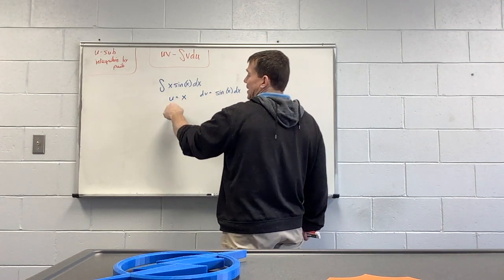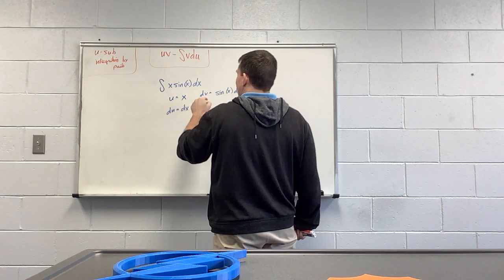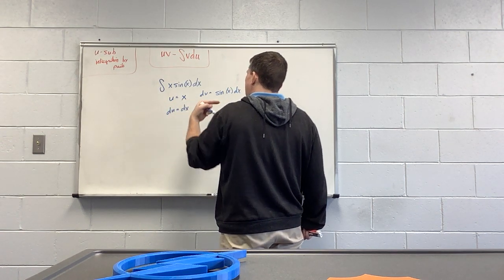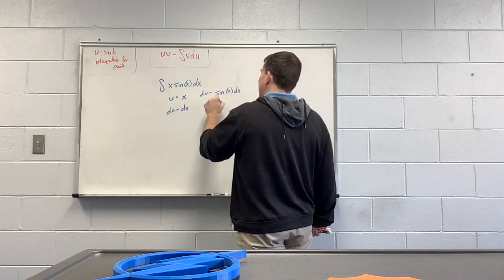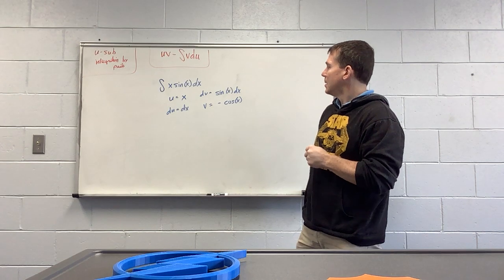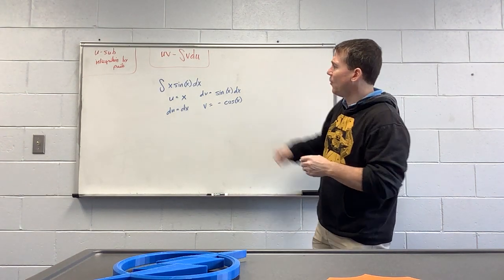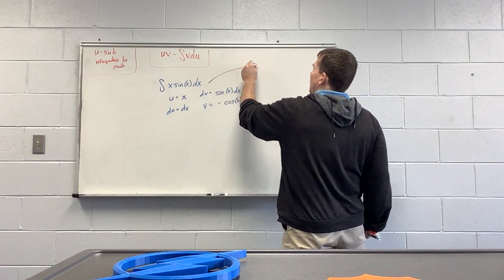Now I differentiate and integrate. Derivative of u, du, is dx, antiderivative of v, antiderivative of sine is negative cos x. Now I have all of that, I plug it into that formula. And we'll just go over here.